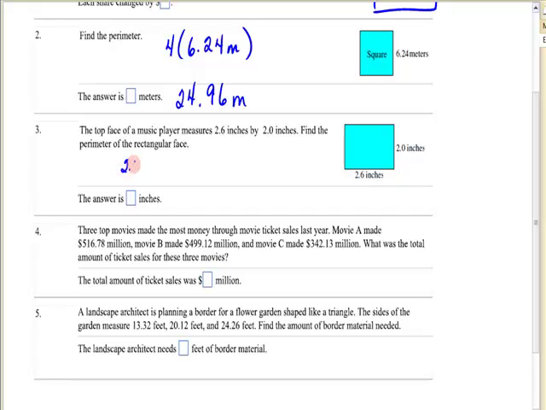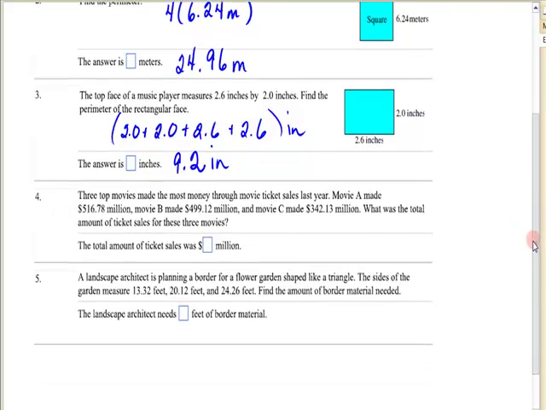So I'm going to have 2.0 plus 2.0 for the left and the right, and 2.6 plus 2.6 for the top and the bottom. And I get 9.2. All of those are inches, so their sum is measured in inches. The units don't change when you're doing perimeter.